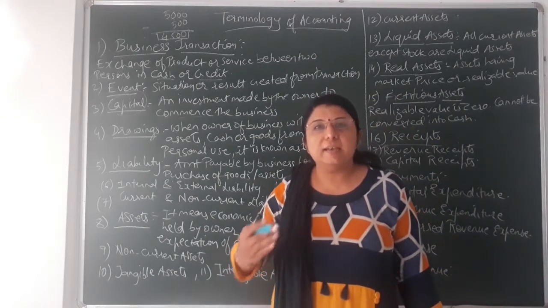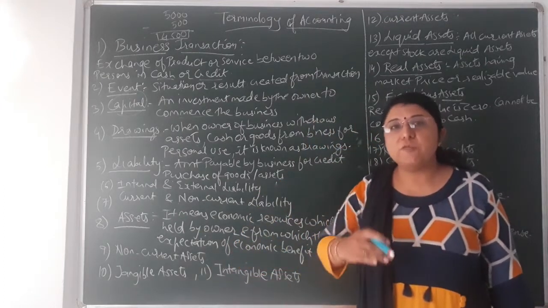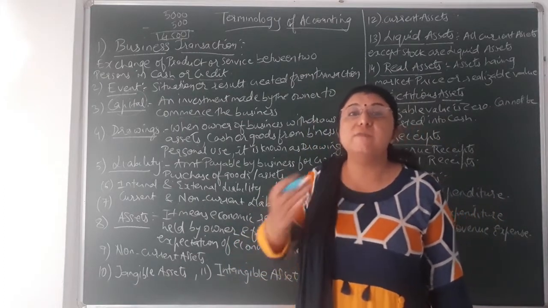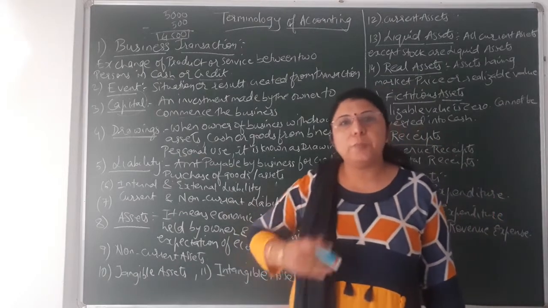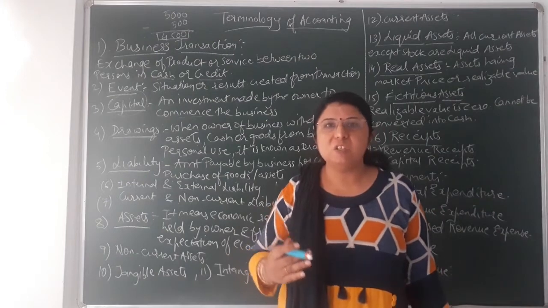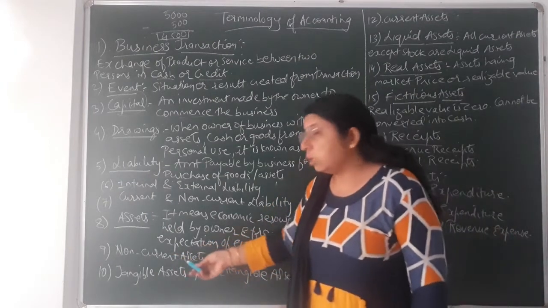It means the assets in which the money is invested are not purchased every year. Suppose we are purchasing machinery, then every year we will not purchase the machinery. That is a one-time investment for 5 years or say 10 years. Okay, so those are called non-current assets.